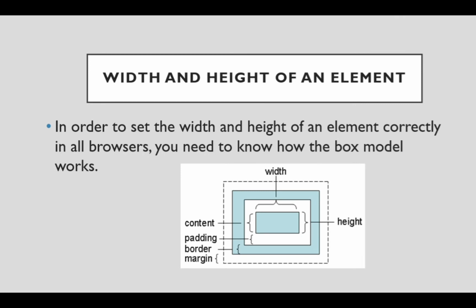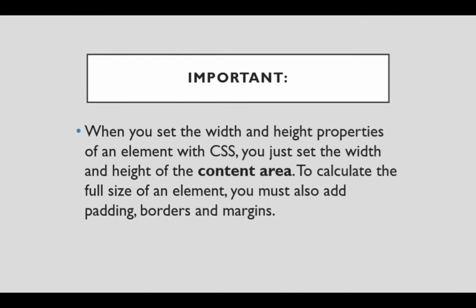Next we are going to see about the width and height of an element. In order to set the width and height of an element correctly in all browsers, you need to know how the box model works. First important point: when you set the width and height properties of an element with CSS, you just set the width and height of the content area.